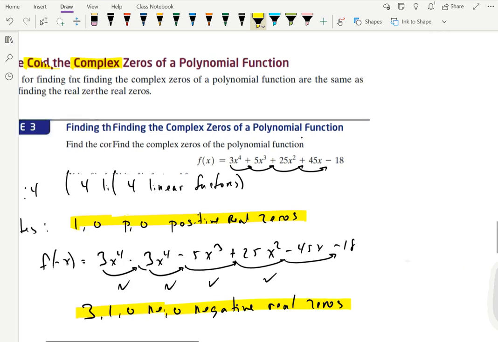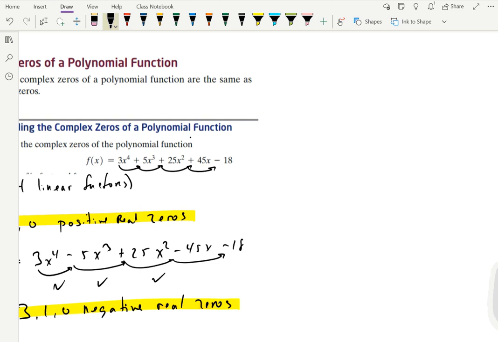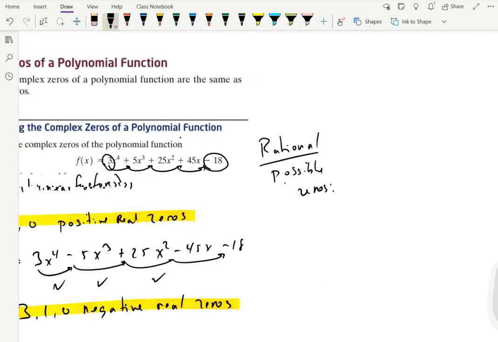Now let's take a look at the possibilities for our zeros. This is the rational zeros property. Remember, our possible zeros are factors of our last term, our constant, divided by factors of our first term, our leading coefficient.